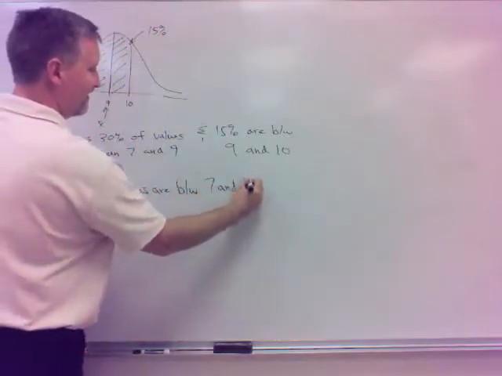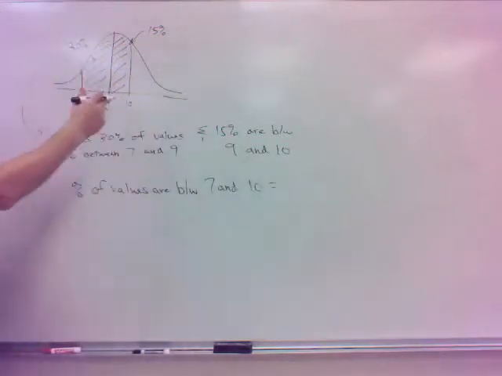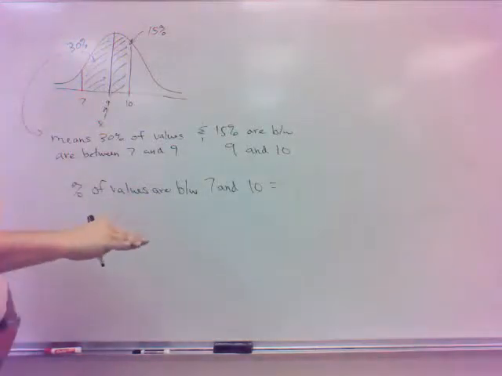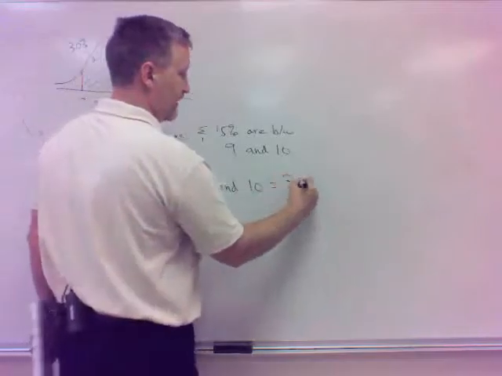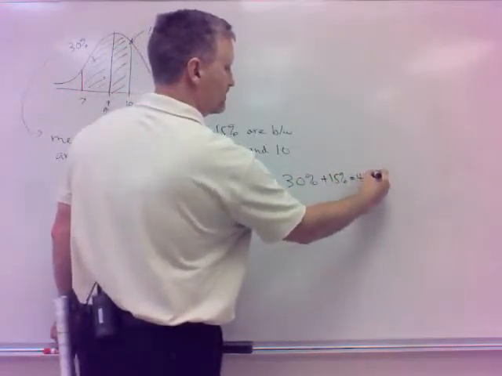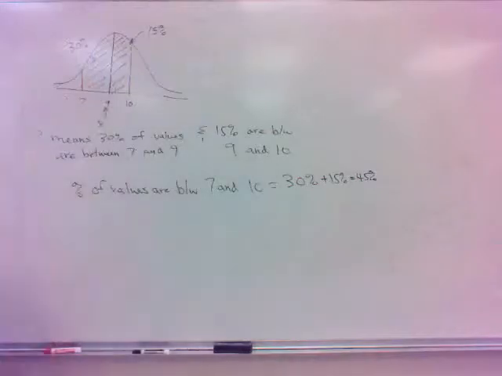Add them up, yeah. Since I know 7 to 9 is 30%, and I know 9 to 10 is 15%, wouldn't the percentage of values between 7 and 10 be 30 and 15 added together? So that's kind of the idea we're going at here when we're doing these problems, with a few twists, of course, along the way. All right?